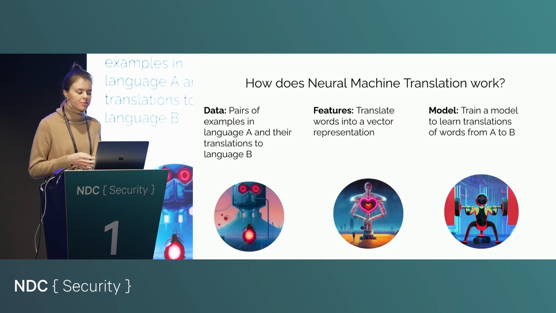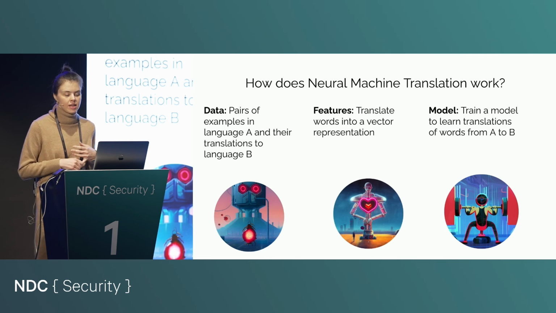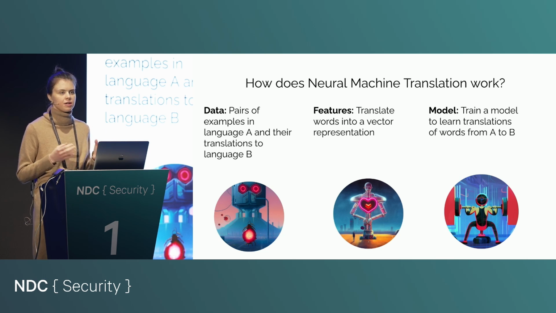All right, once we have our data, however we choose to generate it, we do some feature engineering. We take these sentences and break them up into words or maybe smaller tokens so that we get a vector representation, a little in the same way that we did for our malware binaries, because as I said, these models are essentially doing mathematical calculations and large-scale matrix multiplication, so they can't really deal with words.